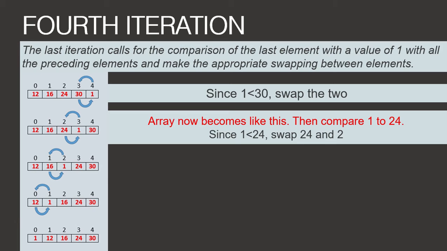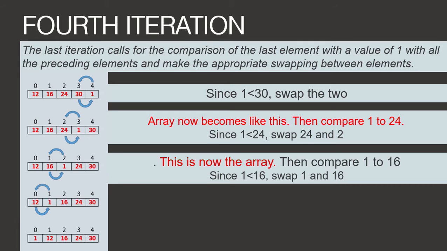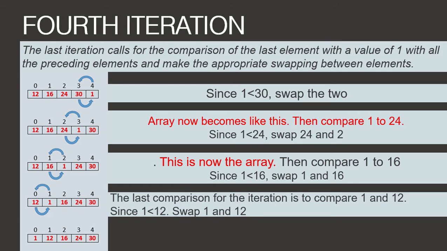Next, we compare 1 to 16, and swap 1 and 16. The last comparison for the fourth iteration is to compare 1 and 12, and as a result, we swap the two. And here come the sorted elements.